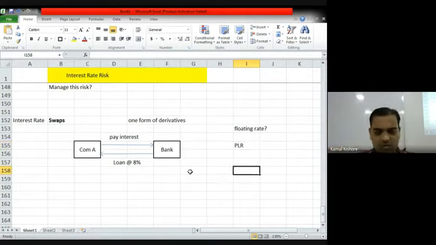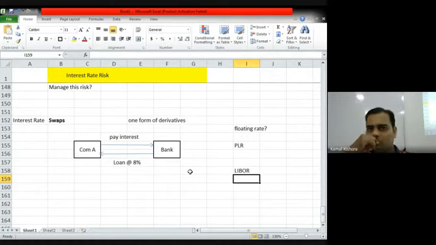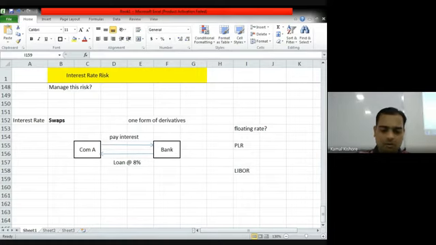The international version of PLR is called LIBOR. What is LIBOR? London Interbank Offered Rate.